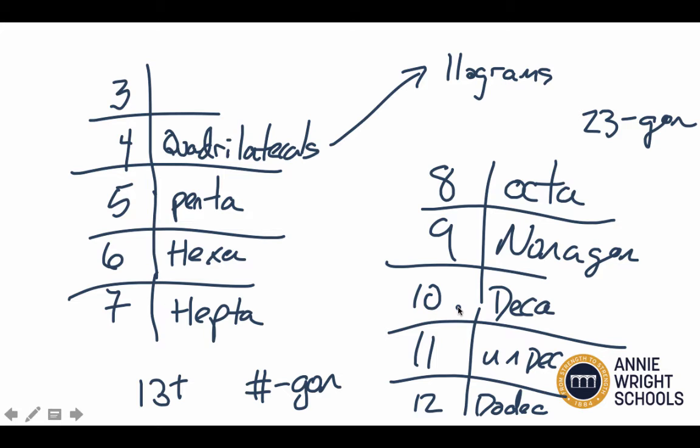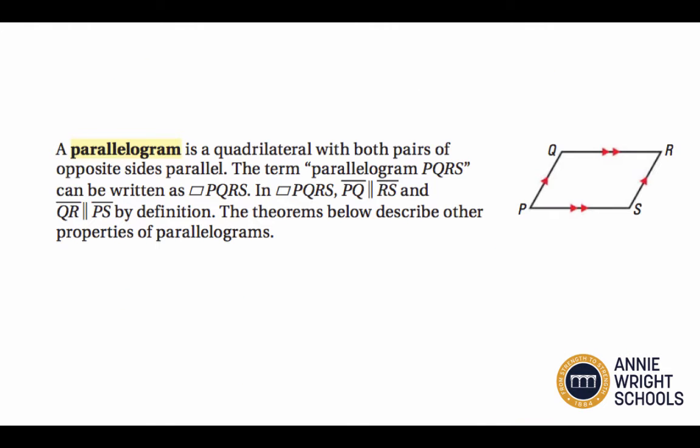Now, moving on to the next section for tonight, we're going to talk about parallelograms. It's really important that we define these terms as narrowly as possible, because if we can make our definition narrow and then prove properties about it based on that definition, then it's just a better system.